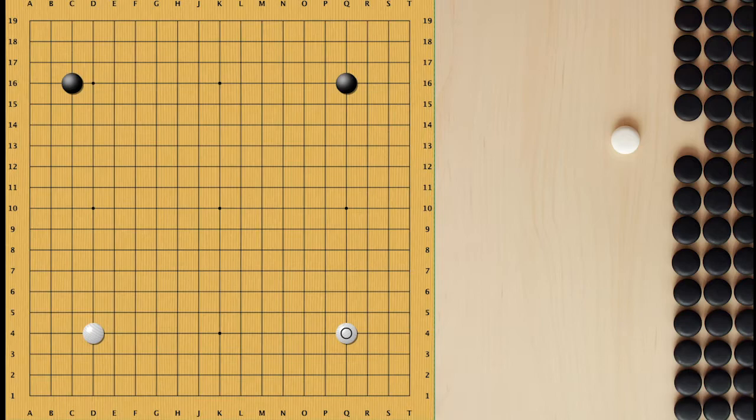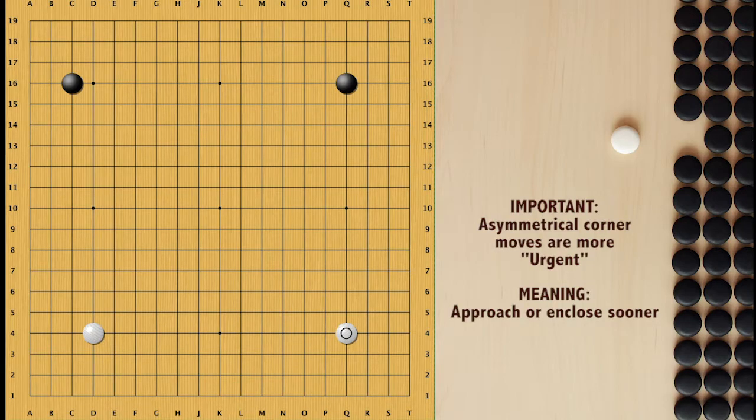In this particular Fuseki that I've set up, we see we have 3 4-4 stones. Now the 4-4 stone is symmetrical, whereas the 3-4 stone in the upper left is an asymmetrical point. So asymmetrical stones are more urgent, because there's only one side from which to approach.